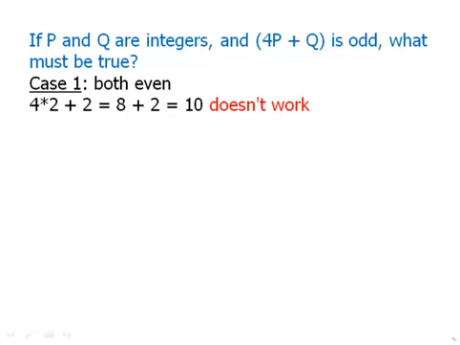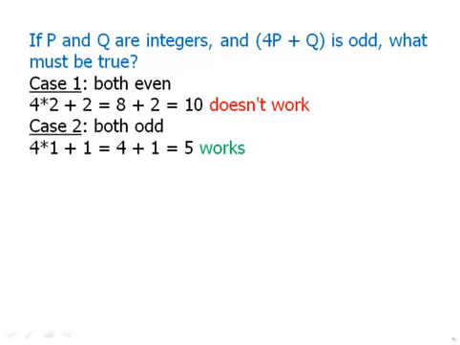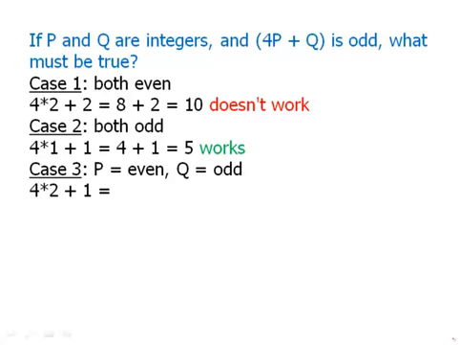Now we'll try both odd. We'll plug in 1 and 1. And we get 4 plus 1, that's 5. That definitely works. So case 1 doesn't work, case 2 works. Case 3. P is even and q is odd. So we're going to plug in p equals 2 and q equals 1. And we get 8 plus 1, 9. That's an odd number. That works.